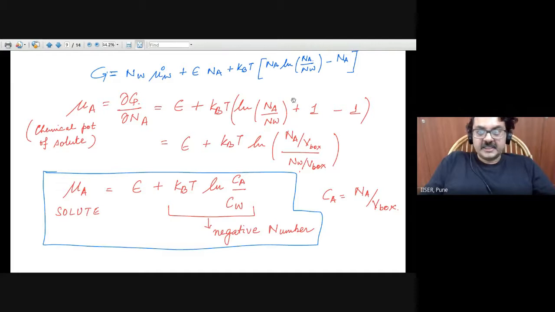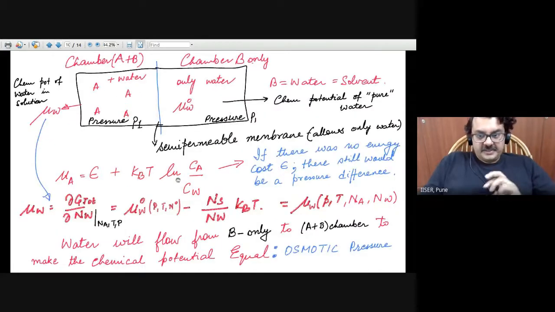N_W is sitting here and it is sitting here, and once you do the derivatives, what you get is the chemical potential of pure water, when there was no solute, minus N_A by N_W, the fraction of solute particles.